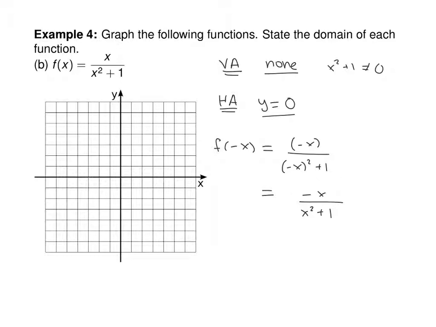So it's not even. Is it the original function multiplied by negative 1? Yes. It actually is. And now this is tricky. If you multiply this thing by negative 1, that's negative 1 over 1. Only one of the numerator or denominator will change sign, not both. If both the numerator and denominator change sign, a negative over a negative makes a positive, right? So technically, this is negative your original function, which means it's odd.